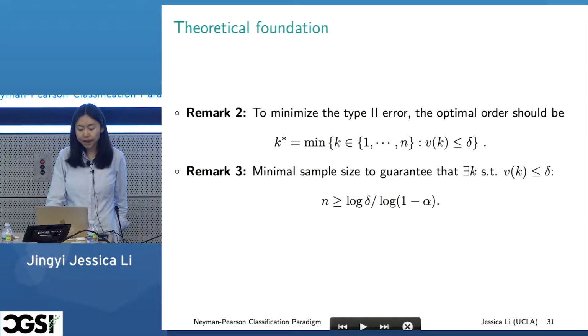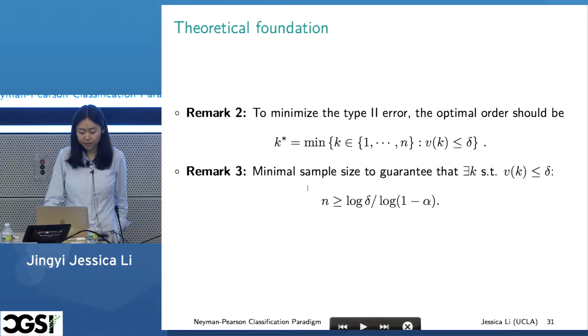And it only depends on the violation rate delta and our type 1 error upper bound alpha. So this n is the left out class 0 sample size. That means at least for the left out part, we need to have this sample size. For a lot of people who need to know the sample size before they do this, this will be very useful information.